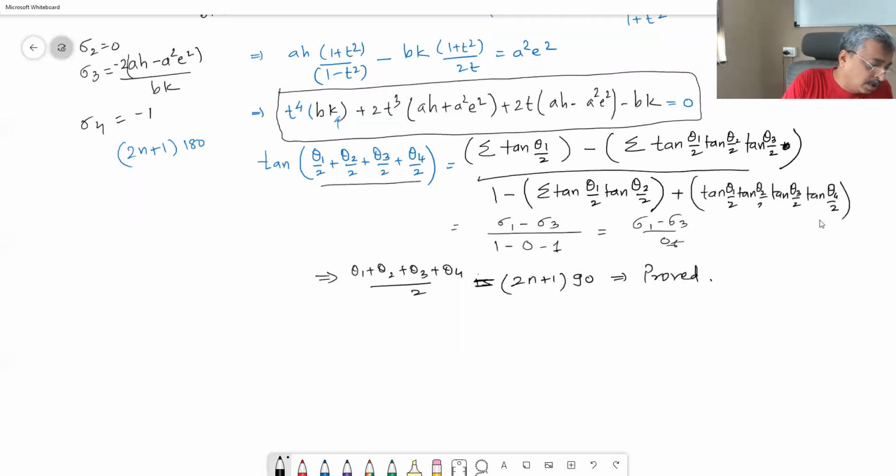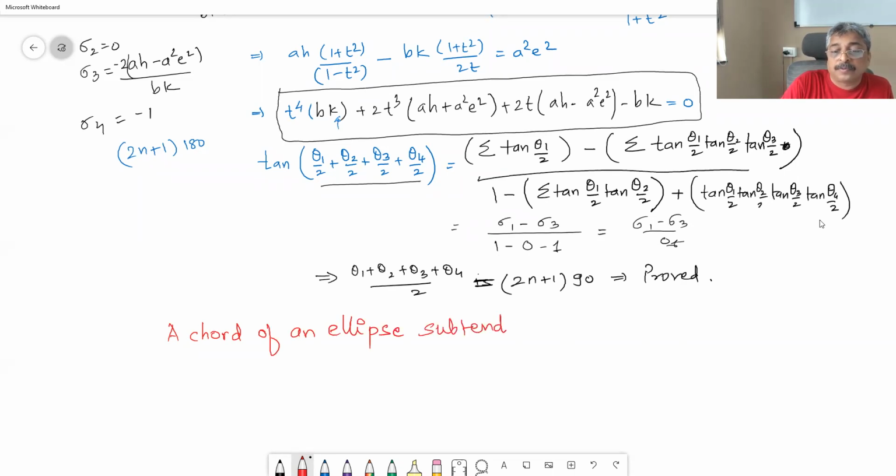Next problem: a chord of an ellipse subtends 90 degrees at its center.